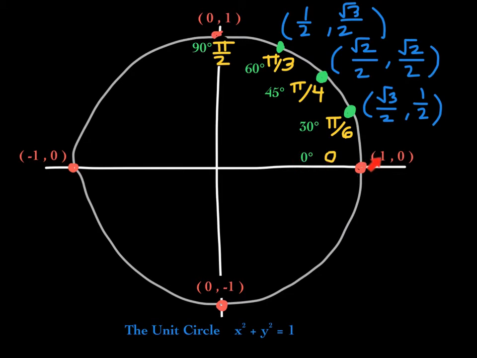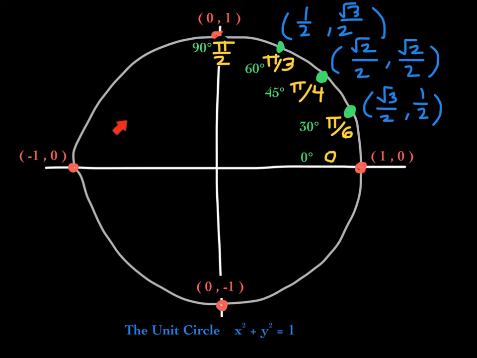So this first coordinate, which is x, of course, 1 represents cosine of 0 radians, or cosine of 0 degrees. 0 represents sine of 0 radians, or sine of 0 degrees. Similarly, this point 0, 1 represents cosine of 90 degrees, or cosine of pi over 2, and 1 represents sine of 90 degrees, or sine of pi over 2.